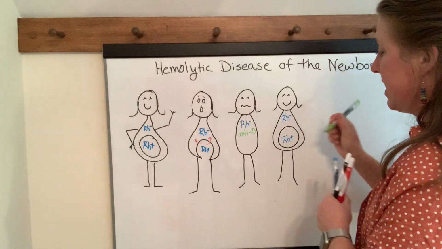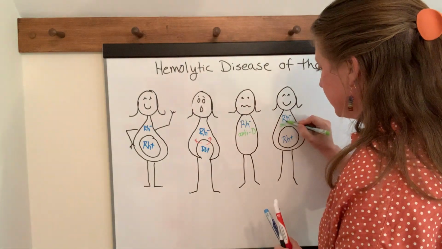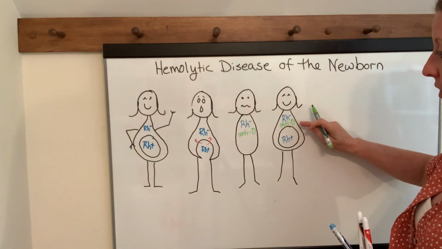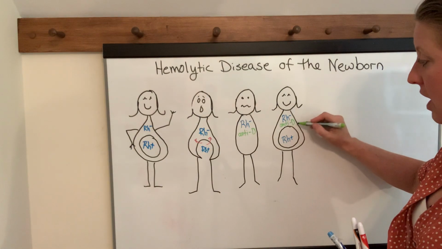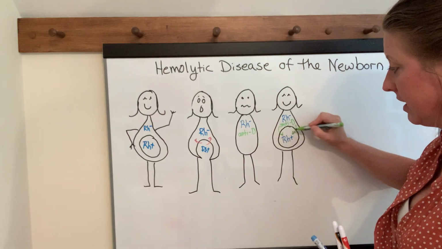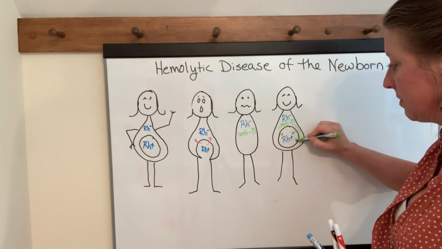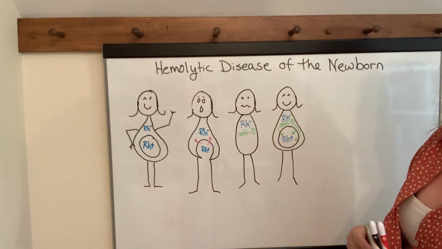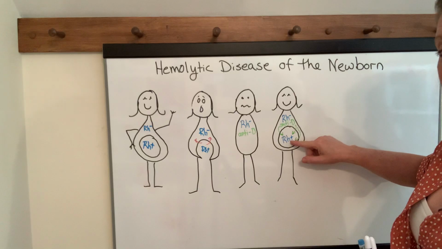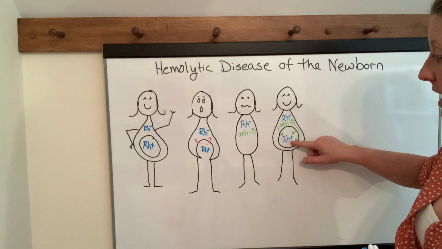However, the anti-D antibodies that mom produced after her first pregnancy can cross the placenta. They're small, much smaller than cells, and they're able to cross the placenta. Now, there's a D antigen on the baby's blood cells because it's Rh positive.